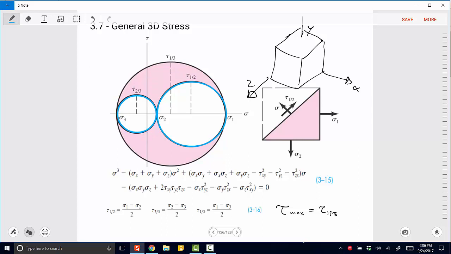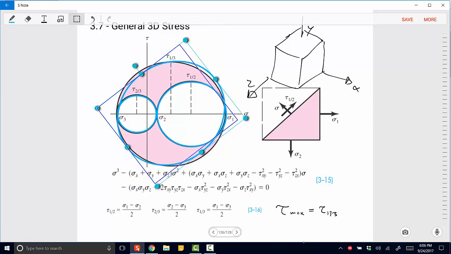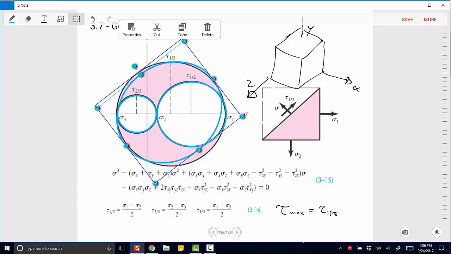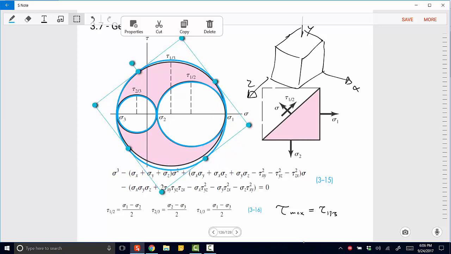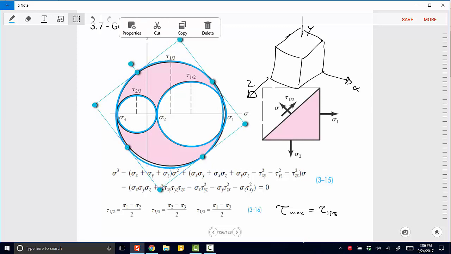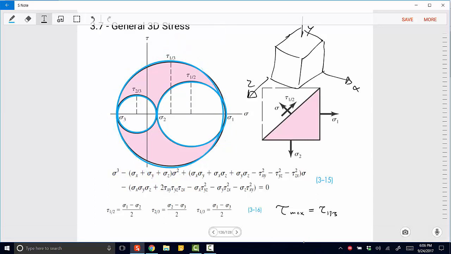And then when we evaluate our third pair, we're actually going to find another circle. And that circle encompasses the true extreme values of the shear stress, right?